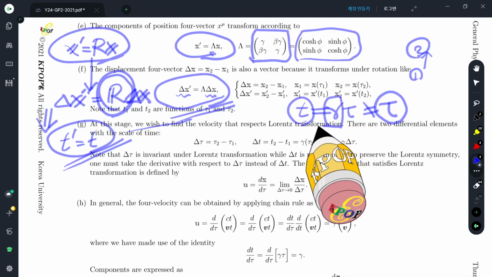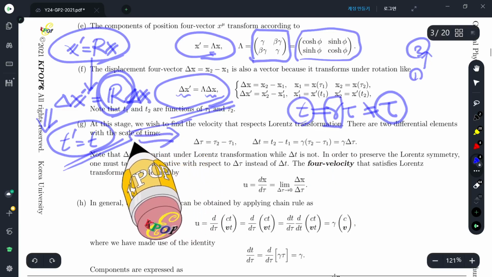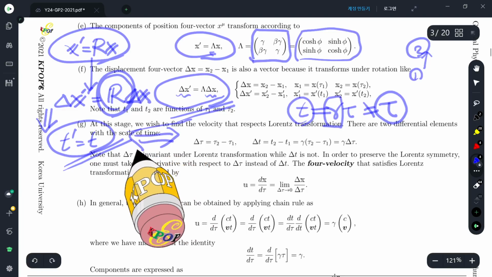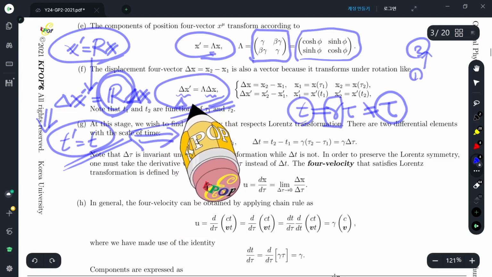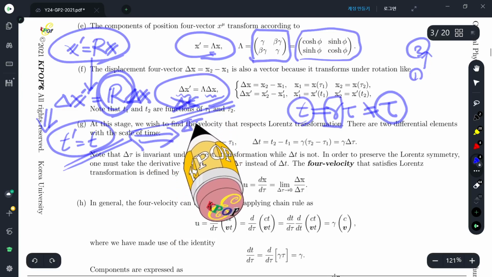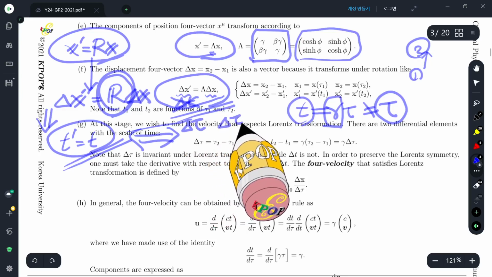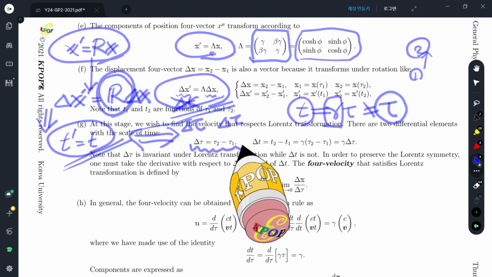This is the very big difference between the Galilean transformation and Lorentz transformation. The time scale I have to put in on the denominator is not t, but it should be delta tau. And delta tau is proper time that is invariant on the Lorentz transformation.